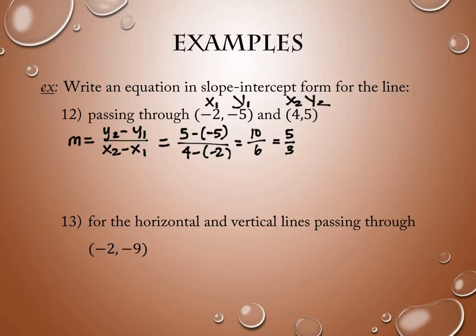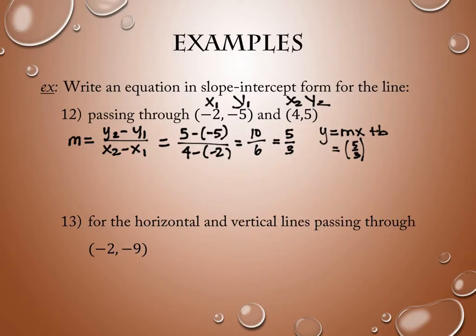We're about halfway there. That's the slope. What do I still need? The y-intercept. So, y equals mx plus b, right? I know m. It's 5 over 3. What else do I know?